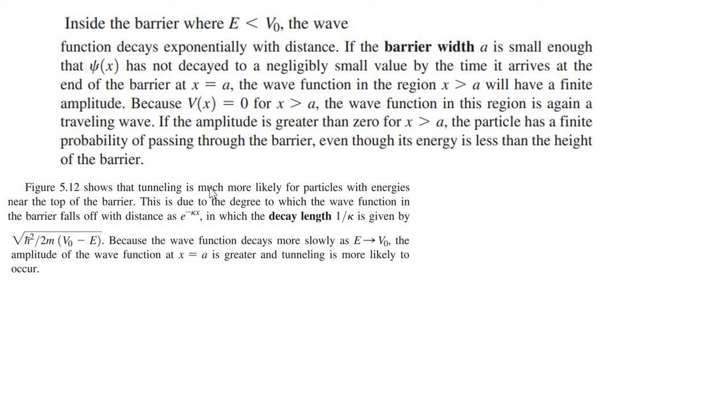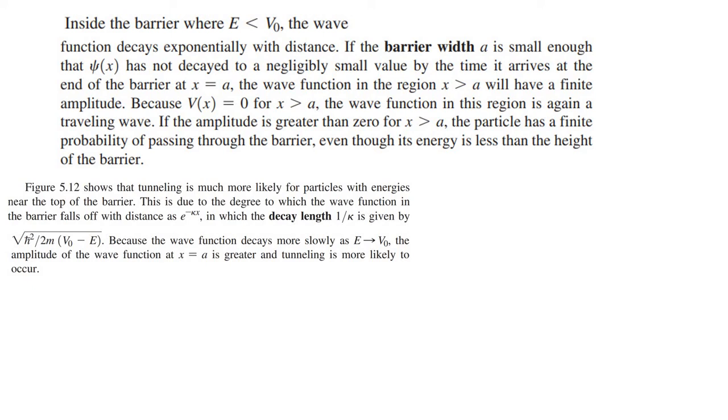It shows that tunneling is much more likely for particles with energies near the top of the barrier. Why? Because near the top of the barrier, as I mentioned, it decays slowly. So at the right hand barrier wall, it still has some amplitude, which we can extend even after the barrier. But if it decays so fast that at the right hand side of the barrier it has already become 0, there is no way of getting any psi on the right of the barrier, right?